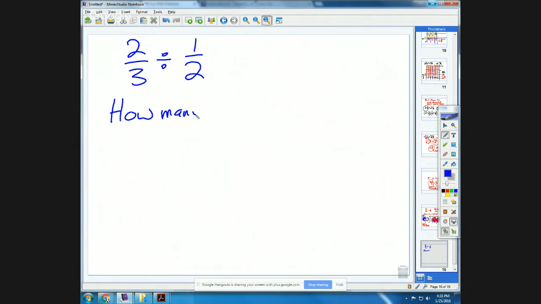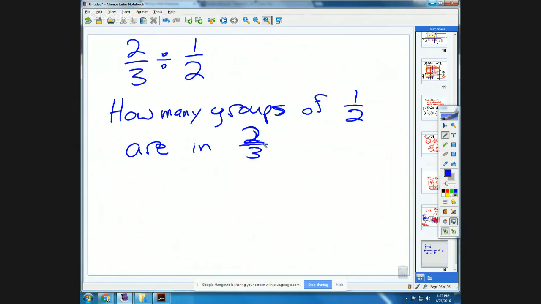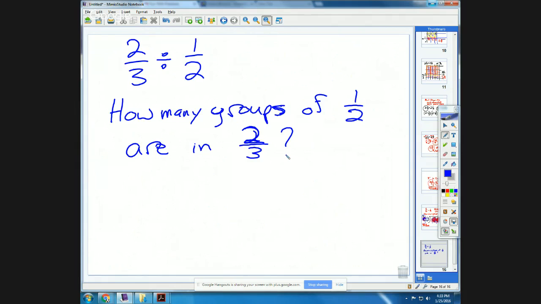How many groups of 1/2. All right. So that sets us up to do our kind of division thing.